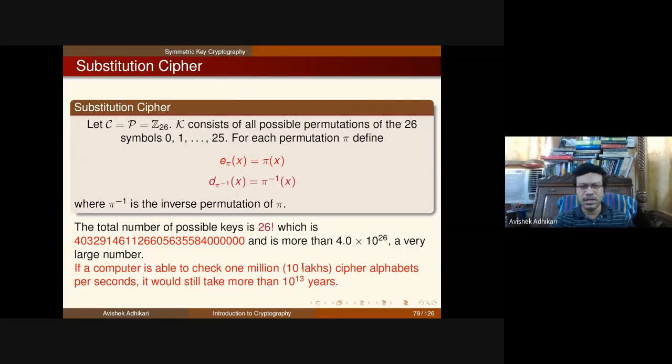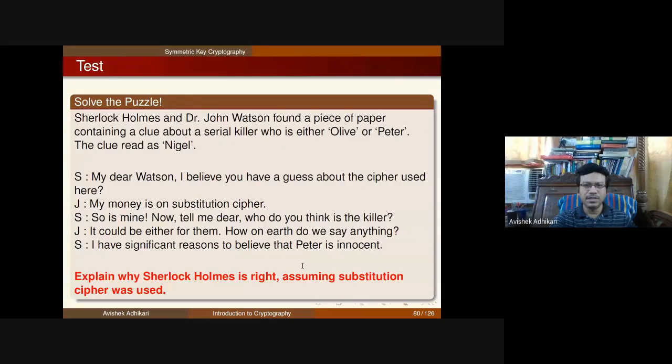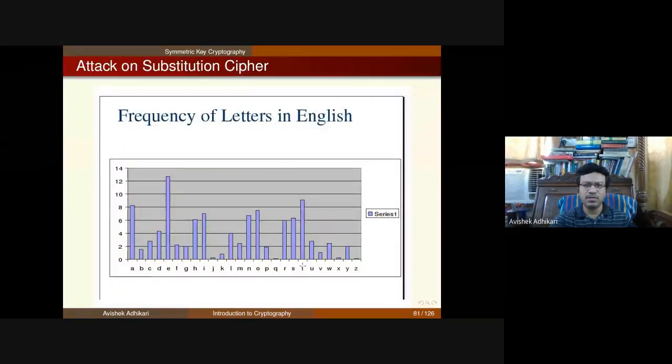So you can understand that exhaustive search is quite impossible using machines. But as I mentioned, cryptography doesn't always follow a linear path. There could be plenty of other methods by which you can attack this scheme, of which frequency analysis is one.